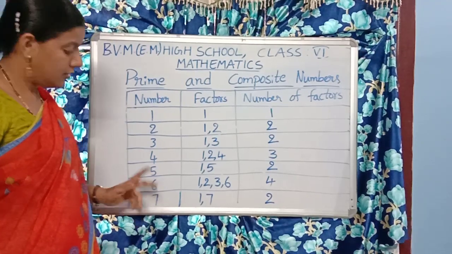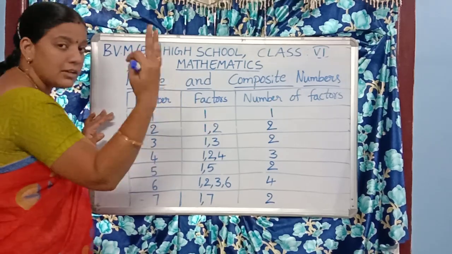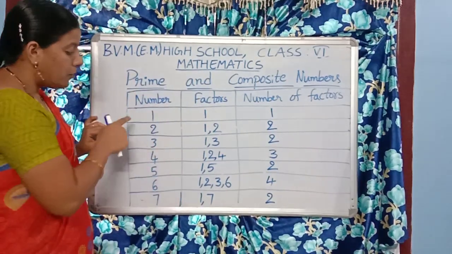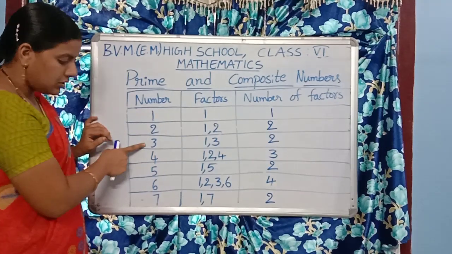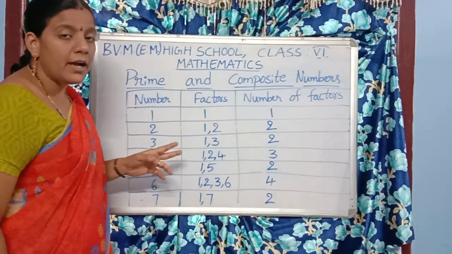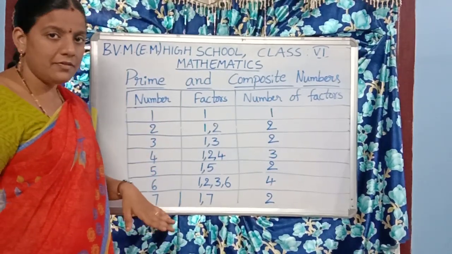Okay, children, look, from this table, 4 has 3 factors and 6 has 4 factors. But for 2, 3, 5, 7, there are only 2 factors: 1 and itself.